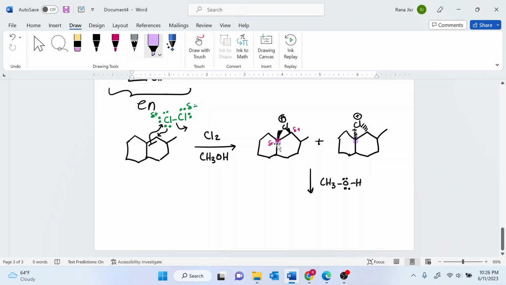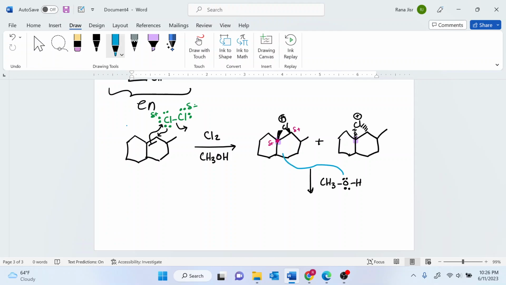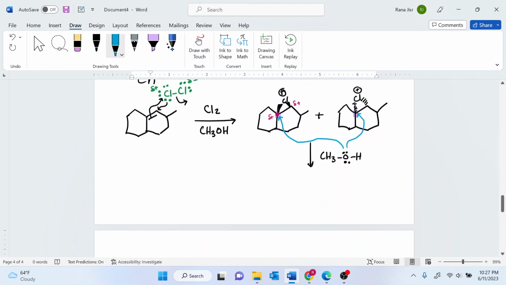So this is why this is going to be more substituted, and methanol is going to come and attack from the opposite side of the cycle. So if the cycle is up, then it's going to attack from the back. And if the cycle is at the back, then it's going to attack from the front. But it's going to attack on that same carbon because it is the most substituted carbon.